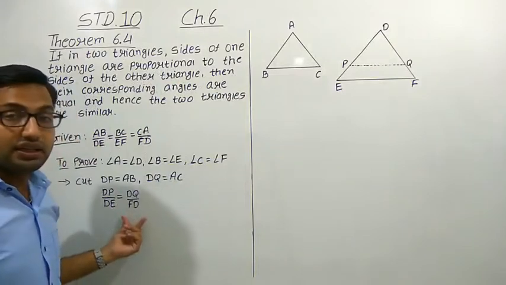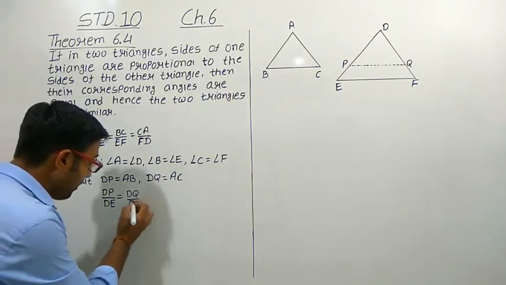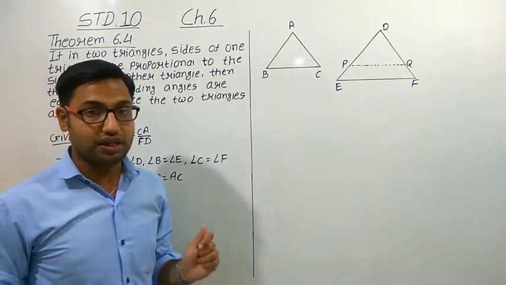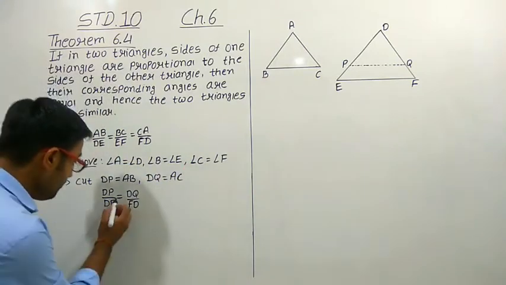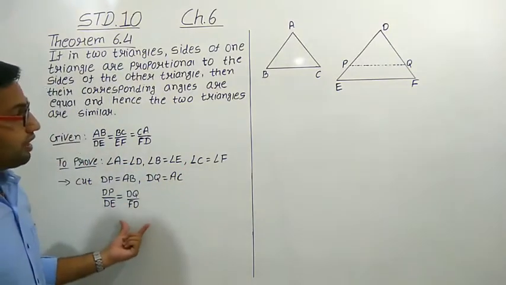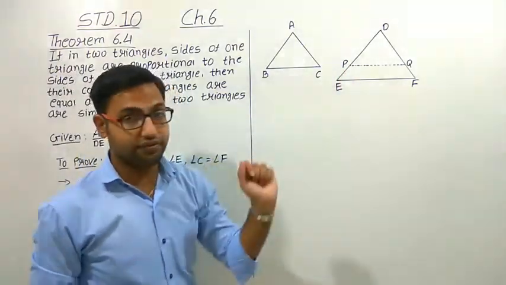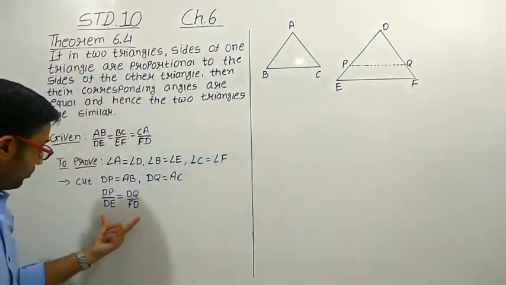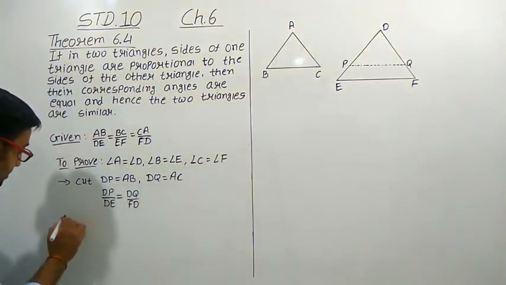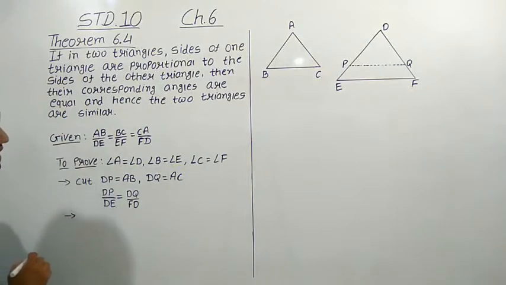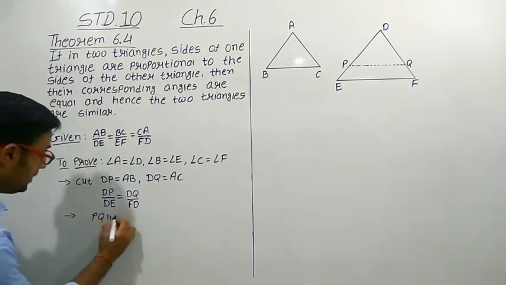So this is one of the results that we get from the theorem 6.1, that is basic proportionality theorem. So now here we are not given that PQ is parallel to EF, but according to this condition, we can say, according to the theorem 6.2, that PQ is parallel to EF.